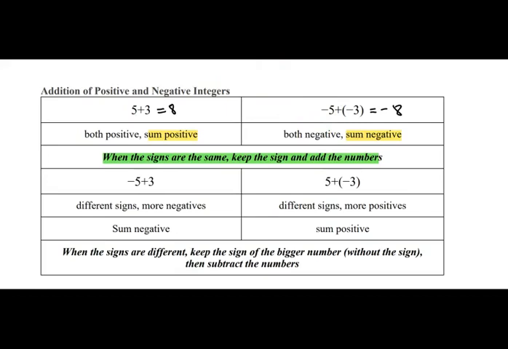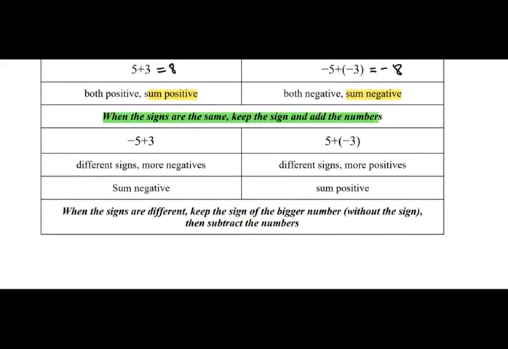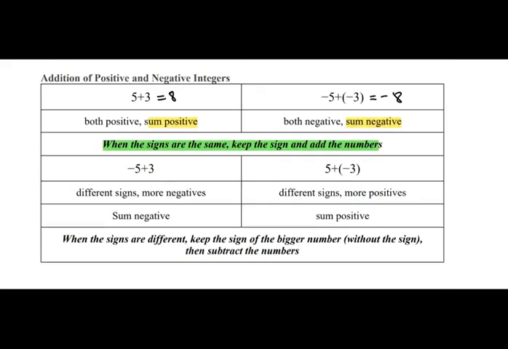Now let's look at the two examples with different signs. Those are the examples that we just did. So when we added -5 plus 3, we had different signs, and we had more negatives. So that means the sum is negative. How do we know we had more negatives? Because the bigger number had the negative sign.